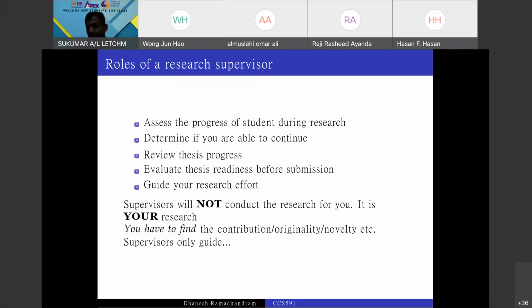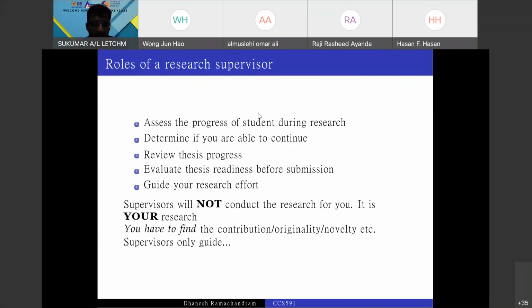Obviously, they are not there to conduct the research for you. It is your research. You have to find the contribution, originality, novelty. The role of the supervisor is only to guide you. So that's the reason. At the end of the day it is your research. When you present at the Viva, only you know better compared to the rest of the people in that room.